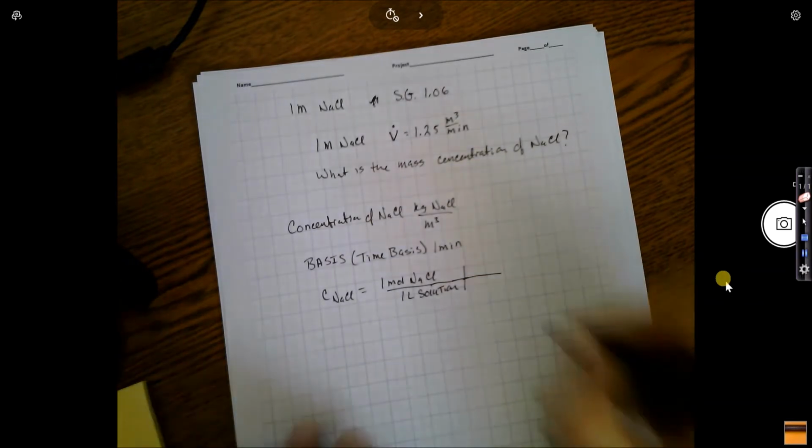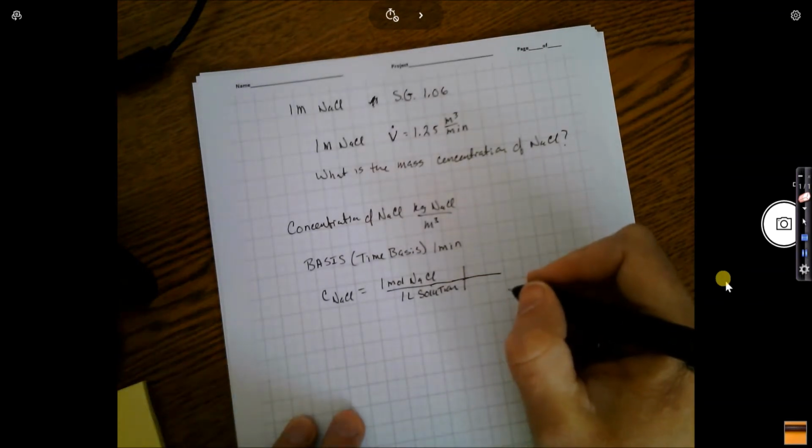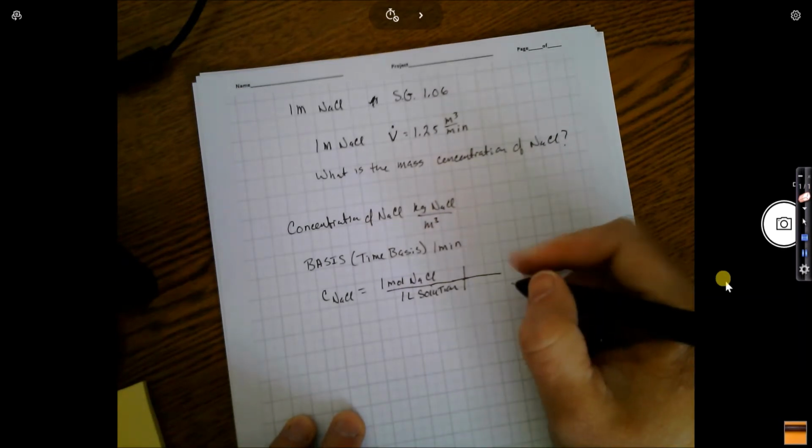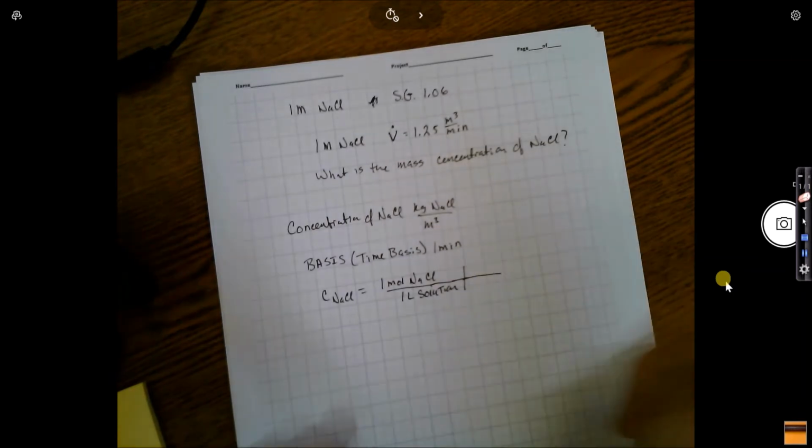And the molecular weight of sodium chloride is, I'm going to put it in terms of grams per mole so we can do a conversion. Hold up.